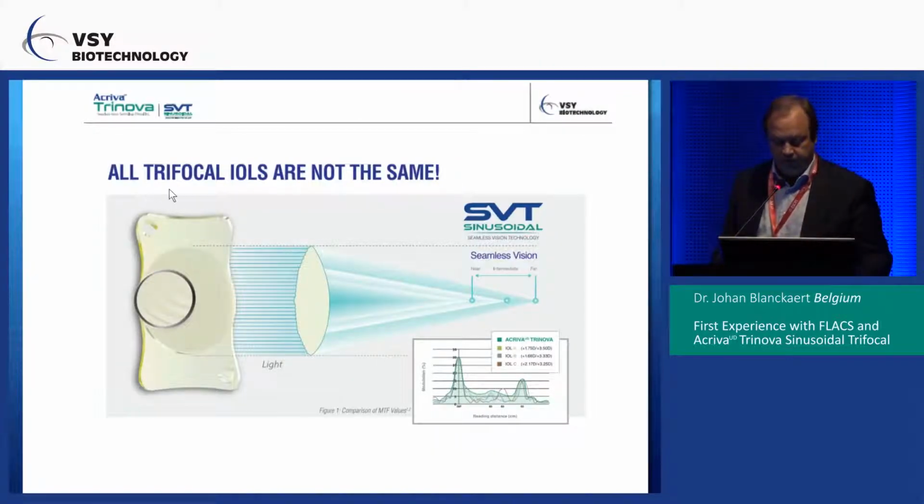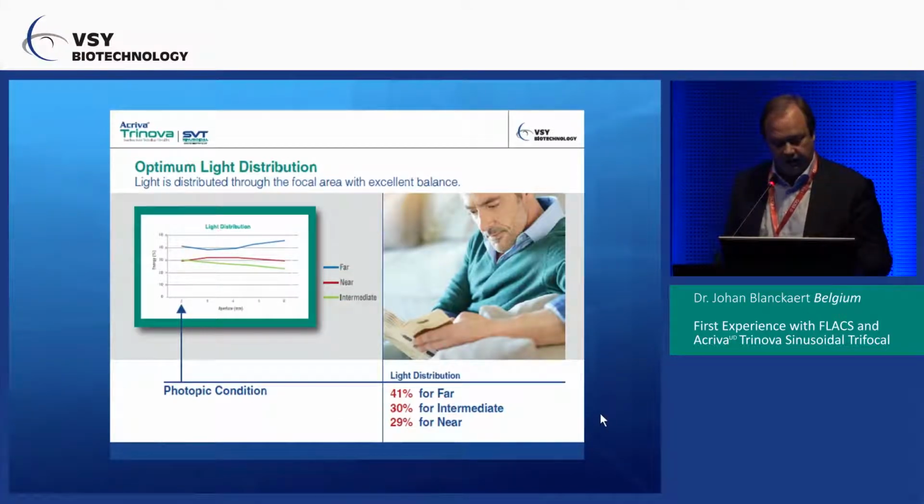Then, when they presented the new trifocal IOL, they showed MTF curves, and it's sometimes difficult for a surgeon and more difficult for a patient to understand precisely what's the difference between the different lenses, because the differences are not so well depicted on the MTF curves. But if you look at the light distribution in photopic condition, then you can see that it's really a horizontal type of presentation according to the opening of your pupil.